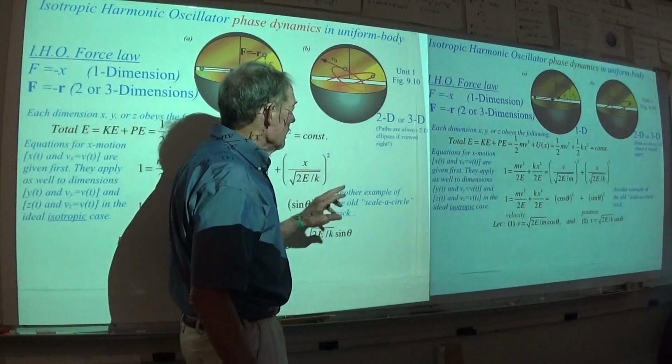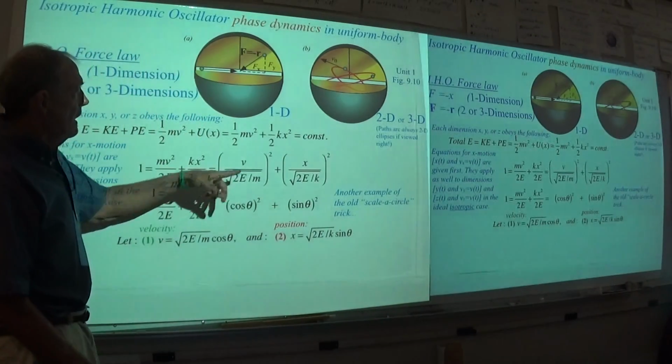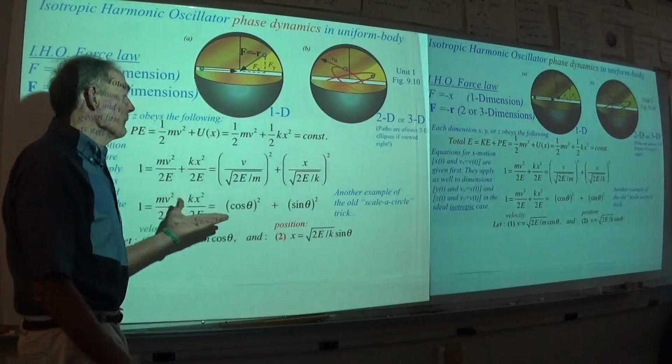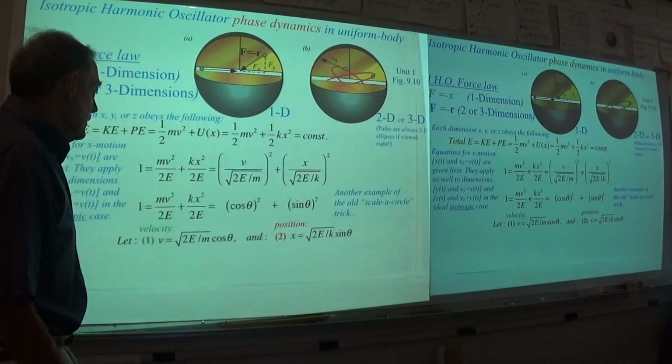Okay, so having done that, that is, having written this thing as this thing squared plus this thing squared, we immediately assign a sine and a cosine to that. And that's kind of it.